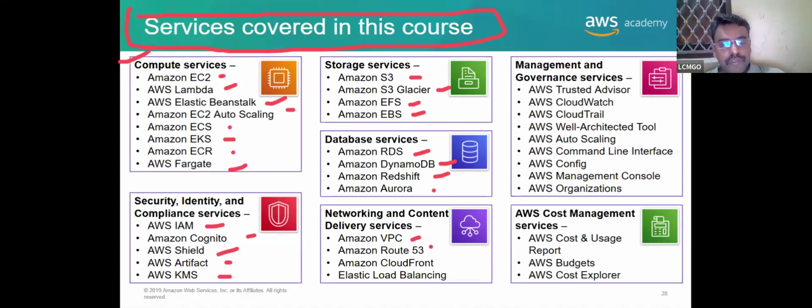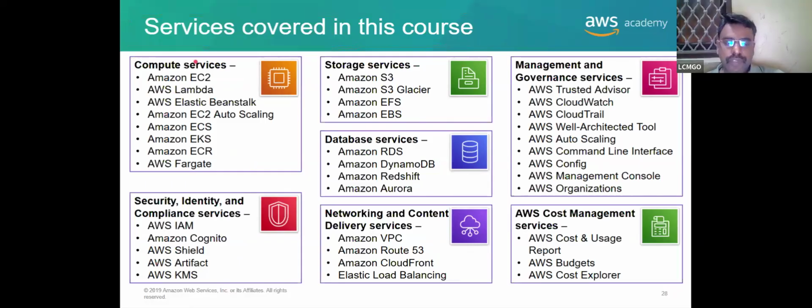Networking: VPC, Route 53, CloudFront, and Elastic Load Balancer. Management services: CloudWatch, Trusted Advisor, CloudTrail, Well-Architected Framework, Auto Scaling, Command Line Interface, Config, Management Console, and Organizations. Next, cost management: Budgets and Cost Explorer. All these services we are going to see, around 50 services in this Cloud Practitioner course.